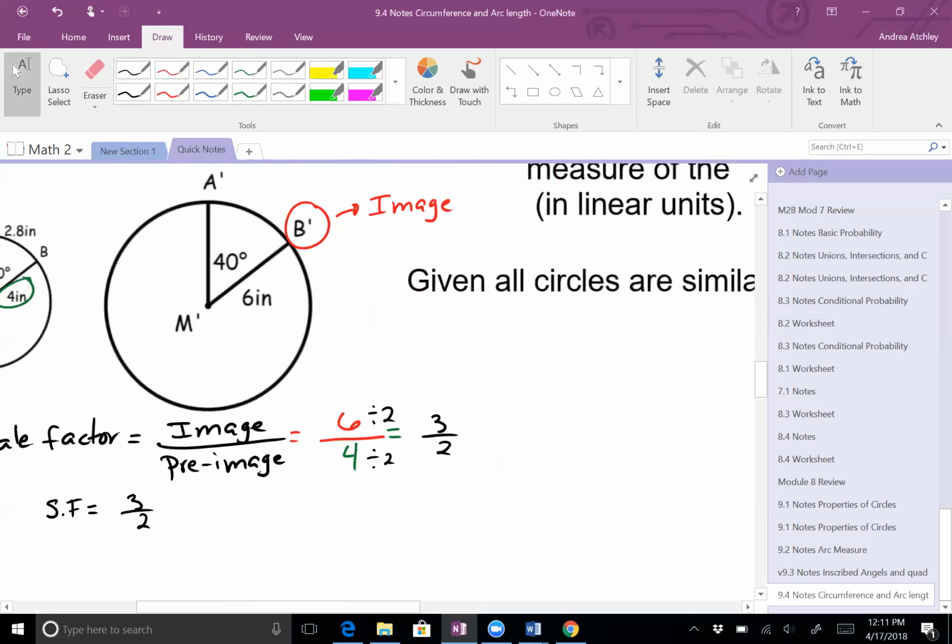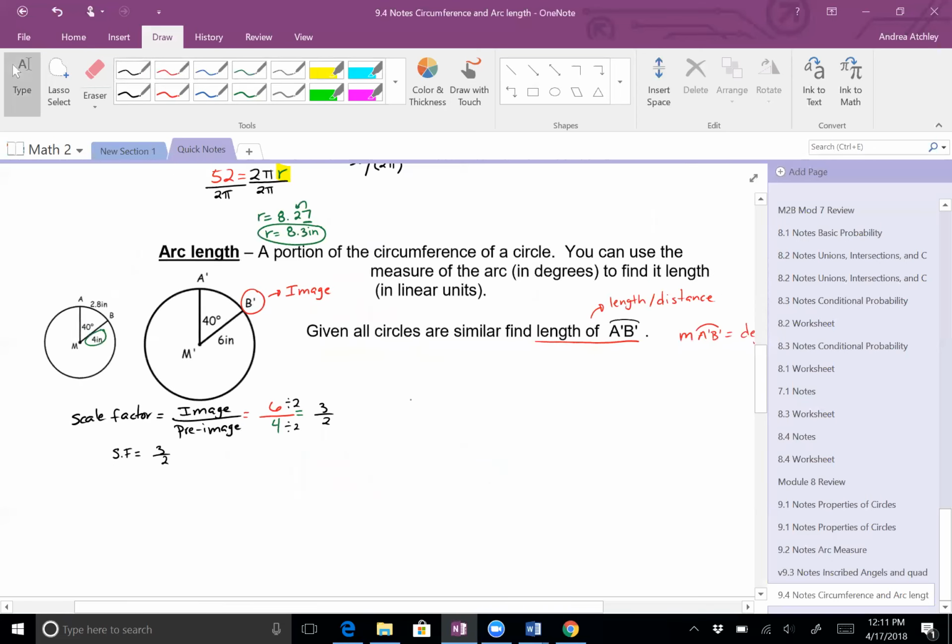So you're going to set up your proportion using your scale factor. 3 over 2 is going to equal the length of arc A prime, B prime, over the arc length of AB.